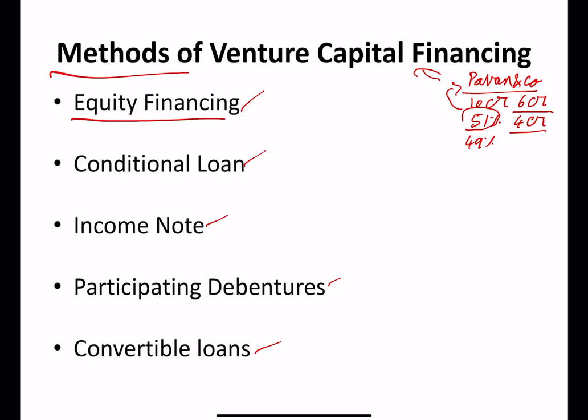So the majority stakeholder will be me. I am the majority stakeholder. They are the minority stakeholder because they have at most 49% of the stake. This is called equity financing. They are equal entrepreneurs along with me because they have subscribed equity shares. They are the shareholders of my company, so they have a long-term commitment in my company.